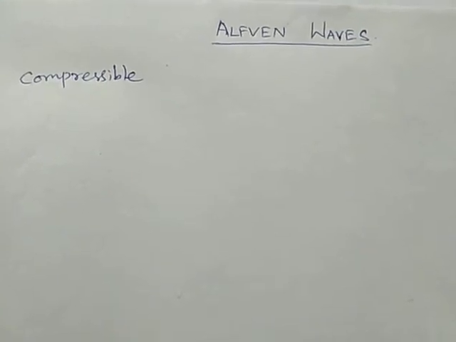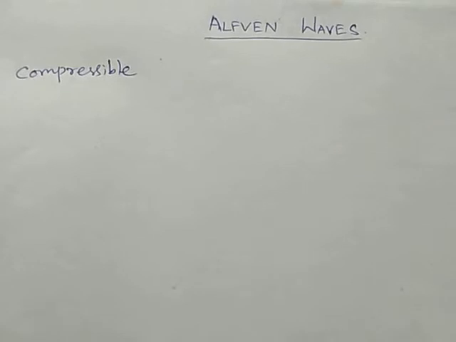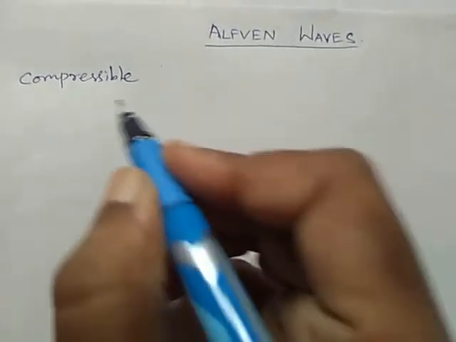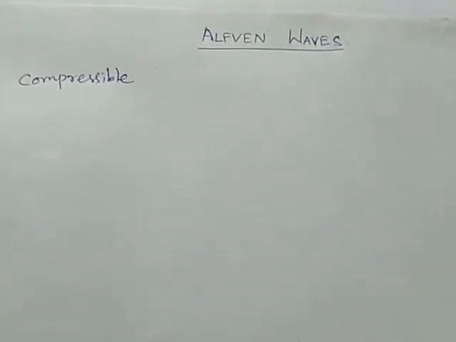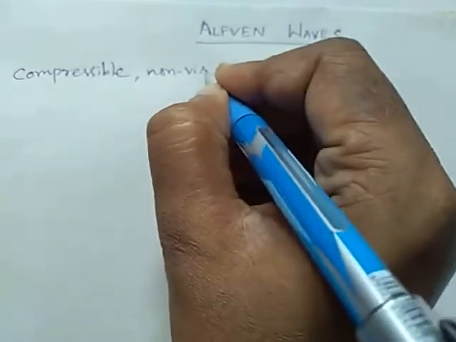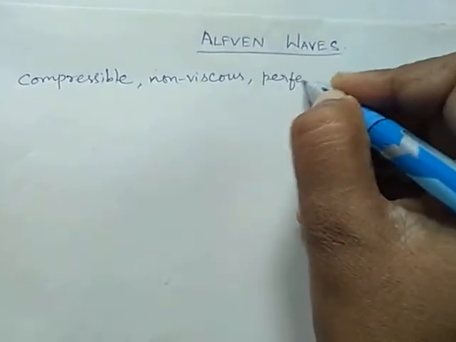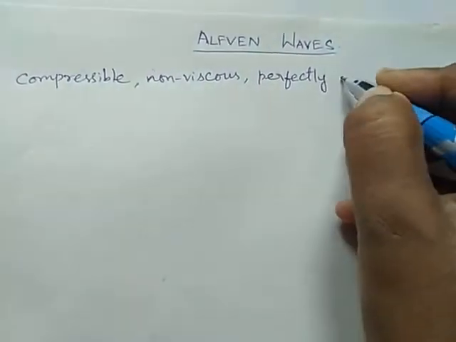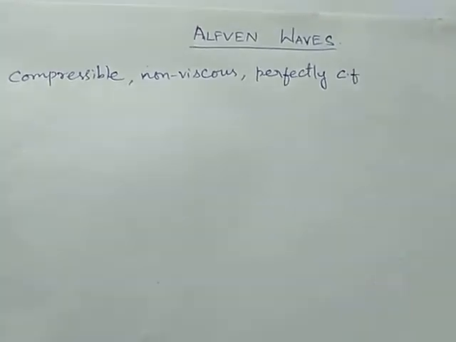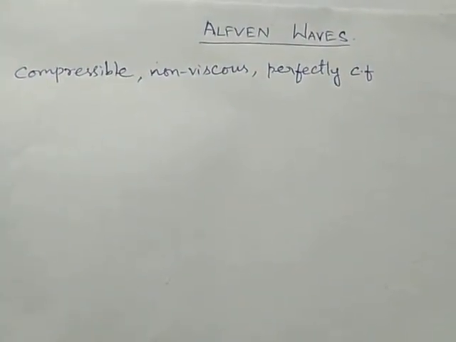It means for an incompressible fluid density is constant throughout the fluid flow, but here density is not constant. So we are considering a compressible, non-viscous, perfectly electrically conducting fluid in the presence of a horizontal magnetic field.